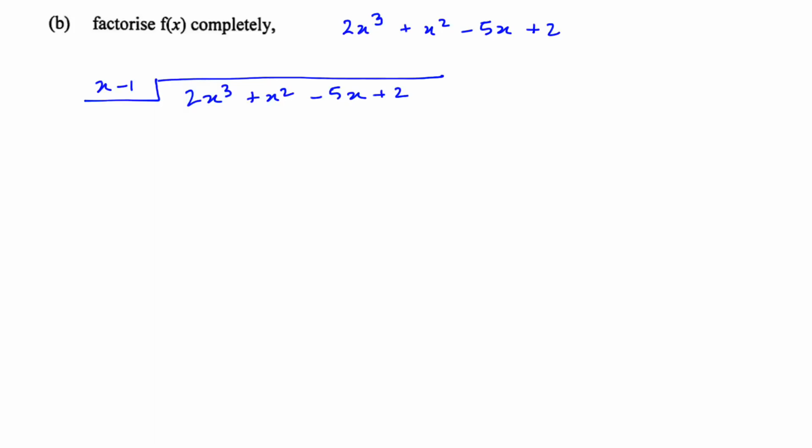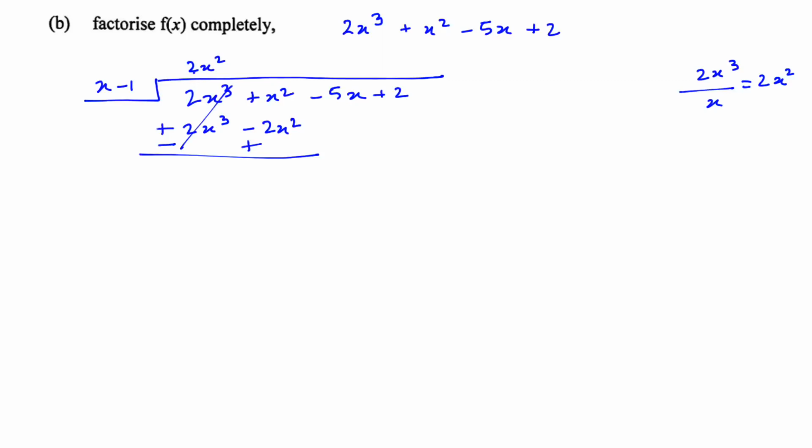X multiplied by 2x square will give us 2x cubed. Again, if you don't understand, write the first term here. And what will you get? The x powers we are going to subtract. 3 minus 1, 2. And the negative 1 multiplied by 2x square will give us negative 2x square.